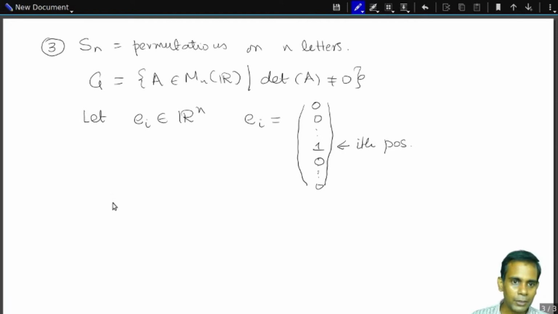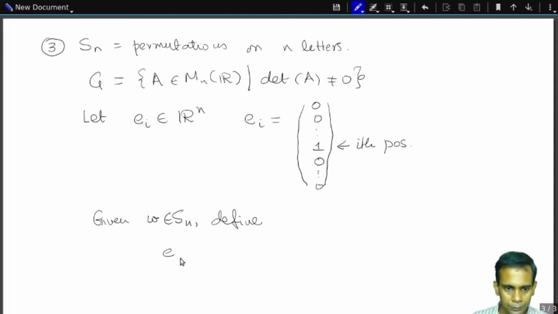And so given a permutation w in Sn, define E_w to be the matrix, I'll give it as a block matrix. The first column of this matrix is e_w(1). The second column is e_w(2), and so on.